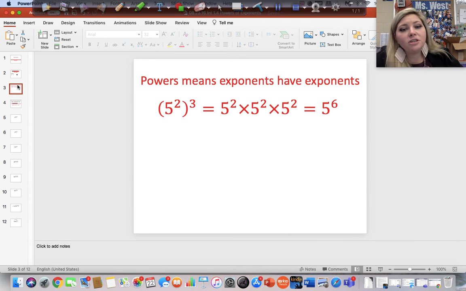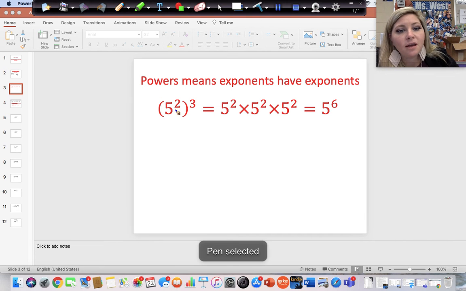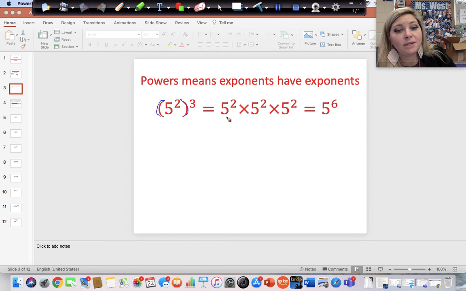Okay, so powers means exponents have exponents. So if we were doing powers of exponents, that means that our base is 5, and then that is to the 2nd power, and then we are taking this whole thing to the 3rd power. So it means this whole section is written 3 times, because exponents means that's how many times we are multiplying it by itself.